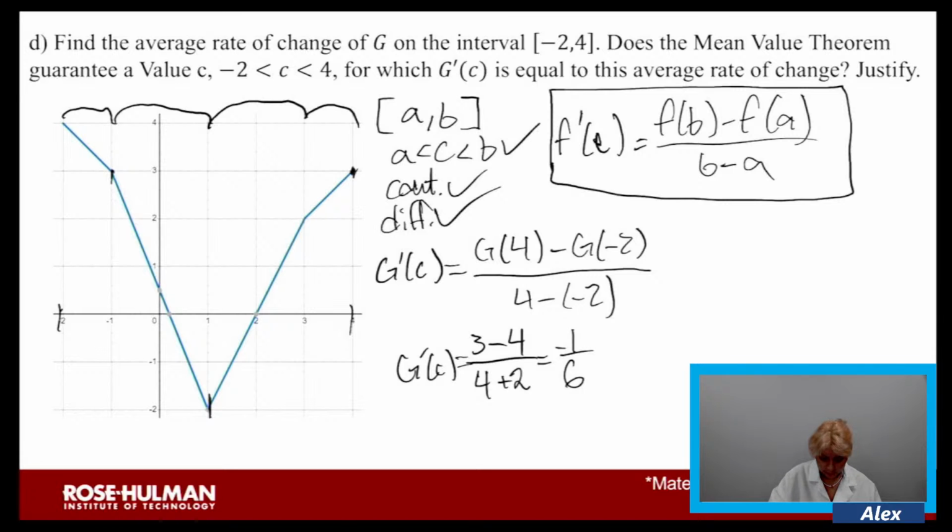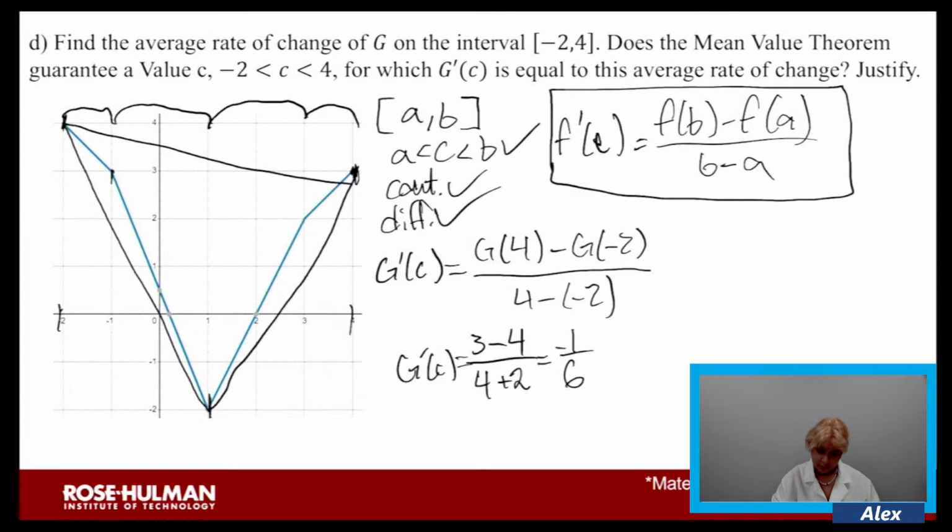If we look at the graph, just as a quick sanity check, that doesn't seem to be correct because your average slope for these 2 points would be this line. If you consider the slope of this line, then that might give you, oops, that's way too low.